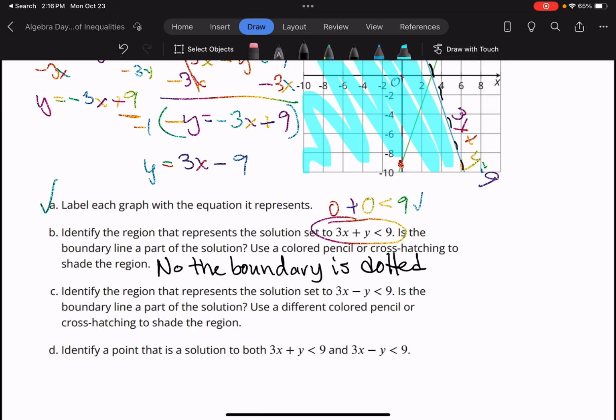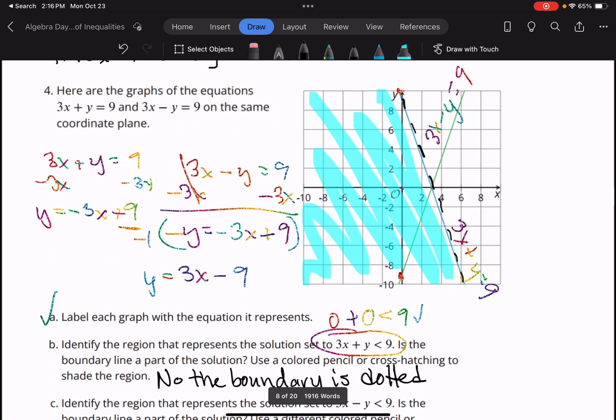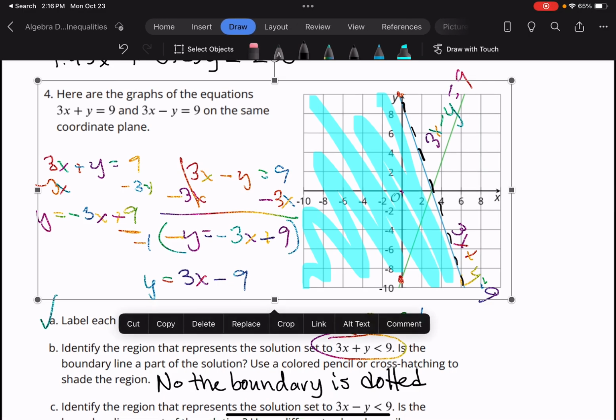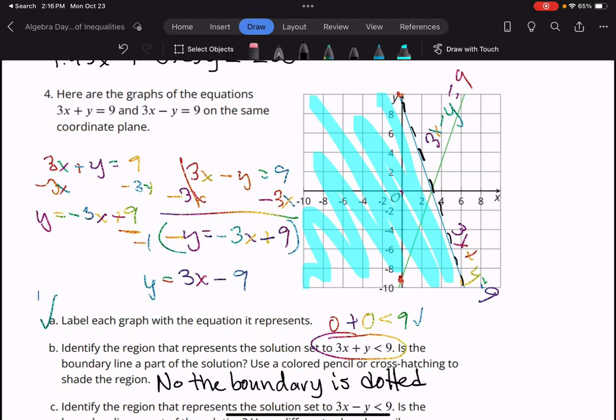C says identify the region that represents the solution set to 3x minus y is less than 9. Is the boundary line part of the solution? So if we want to make this other one less than 9, let's test our point of 0, 0. If we plug in 0, 0 minus 0 is less than 9. That is in fact true.